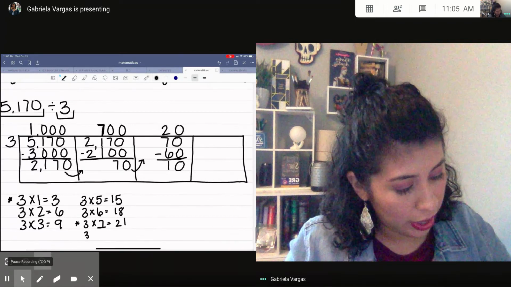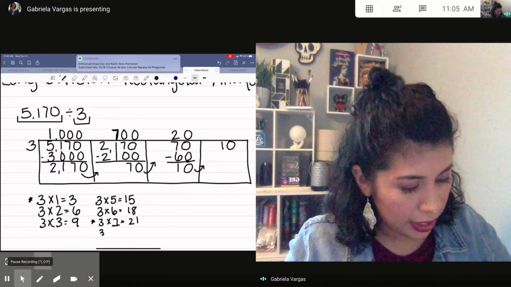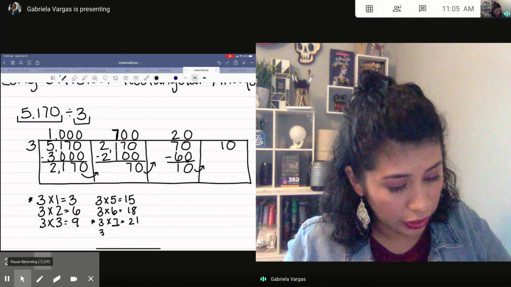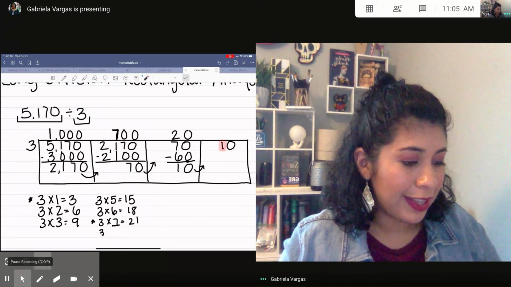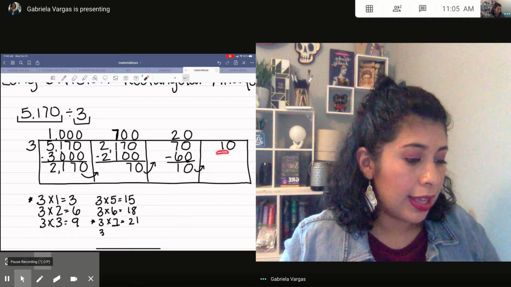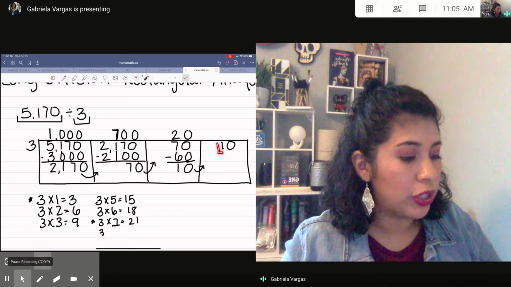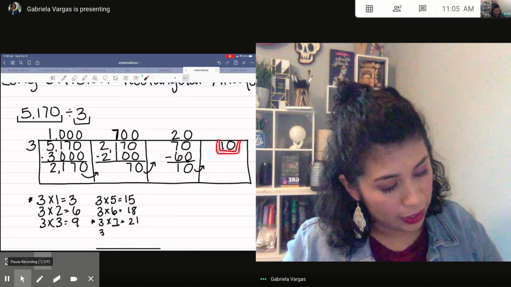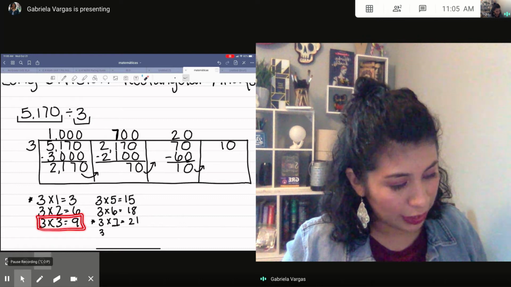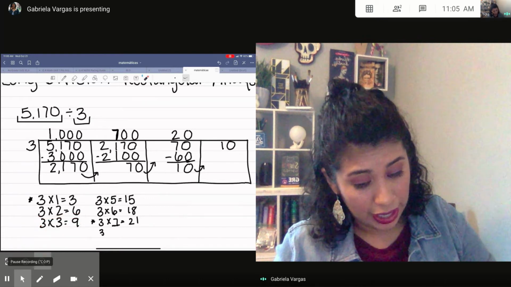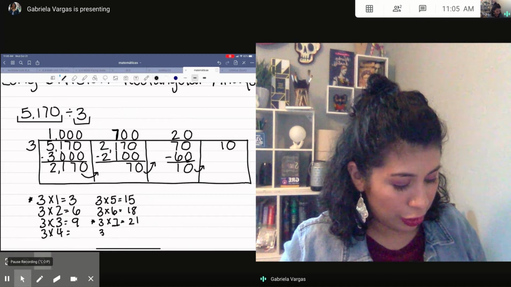I'm going to carry over the 10. Okay, and again, if I look at the first digit, 1, that's less than our divisor. So I'm going to look at the whole number 10. Okay, and I know 3 times 3 is 9. That's the closest I'm going to get to 10, because if I were to do 3 times 4, that would give me 12.